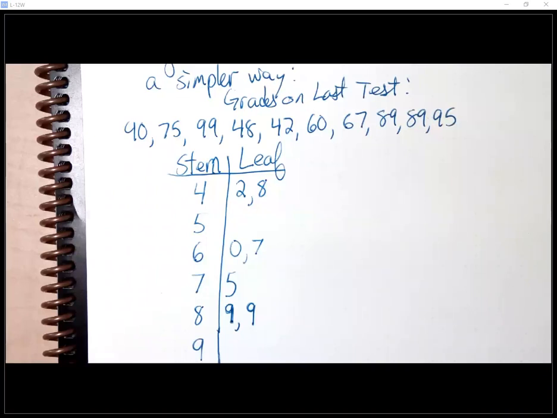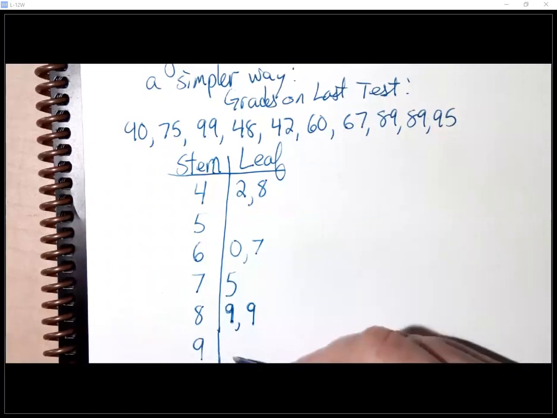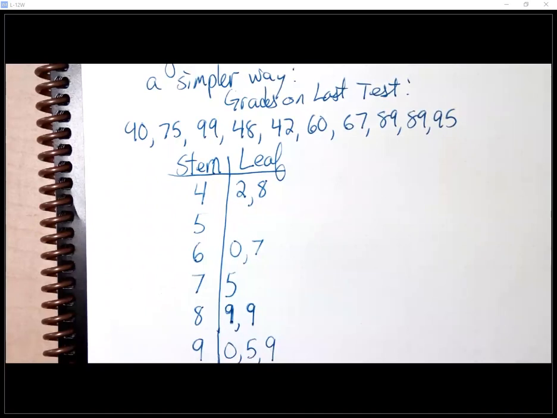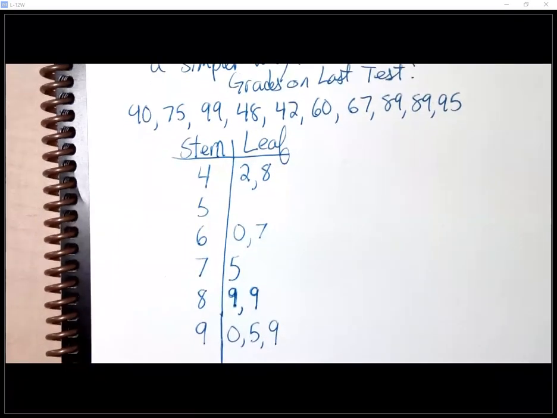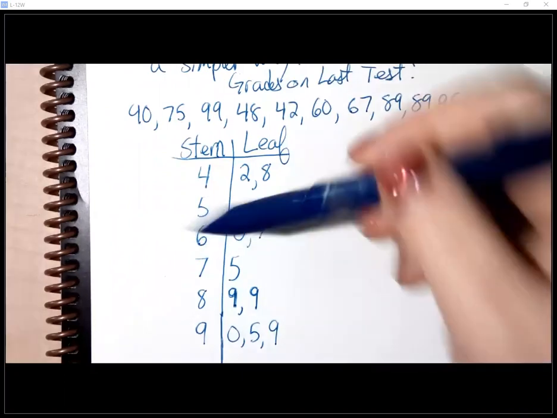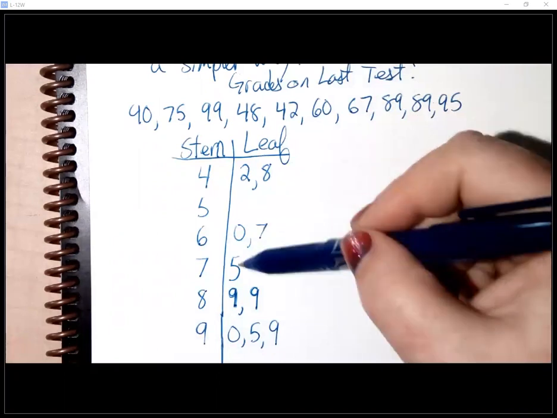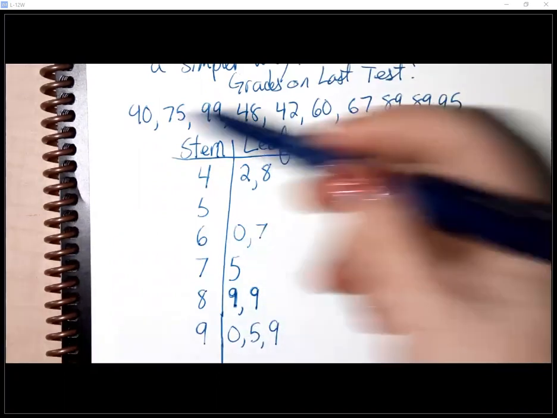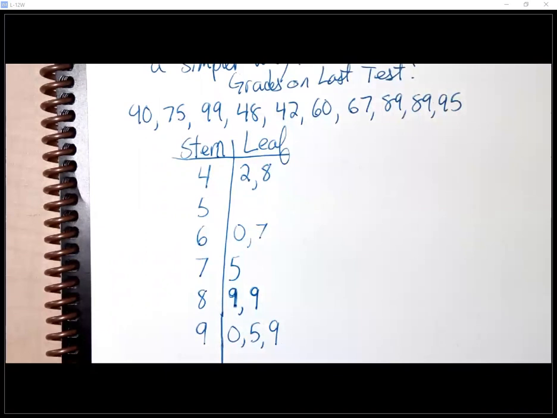Okay, what are your leaves on the 90s? 0, 5, and 9. Perfect. However many leaves I have over on the right-hand side, if I count how many leaves there are, 1, 2, 3, 4, 5, 6, 7, 8, 9, 10, that should be the same number of numbers that was in my list, because each leaf represents one of those numbers.